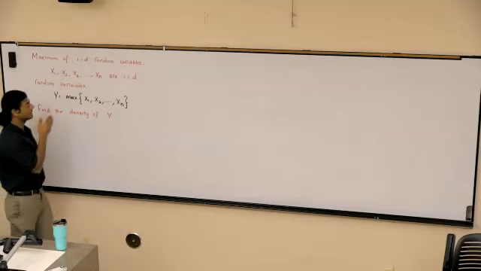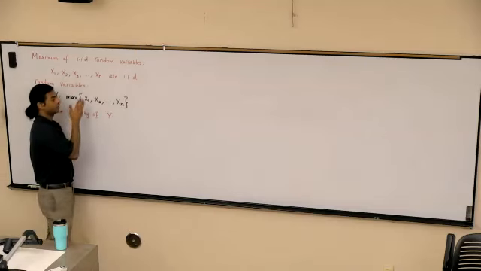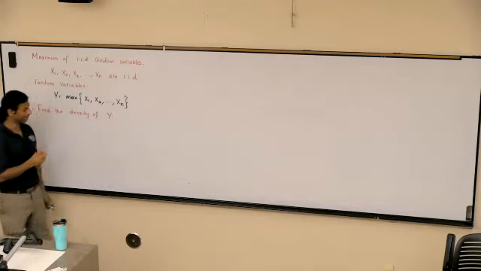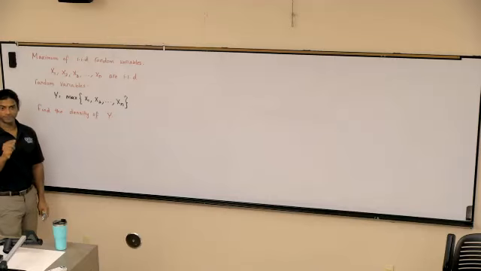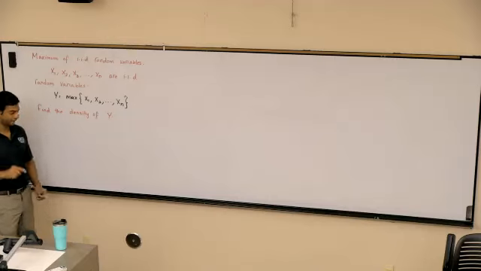We want to find the density of y. Well, the density of y is dependent on x1, x2, and xn. So the density of y is related to the joint distribution of x1, x2, all the way up to xn.